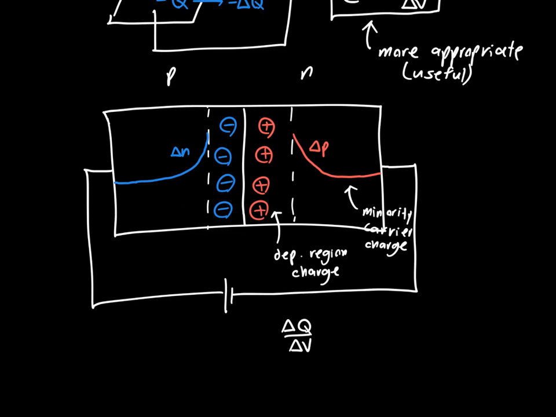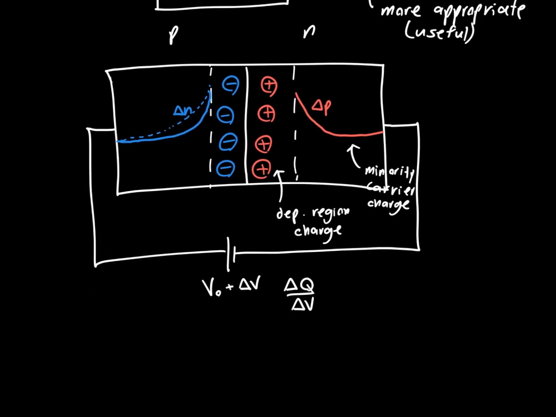Or if we're interested in how this behaves as a capacitor, we want to know if we have some DC voltage V0 and we apply a change in voltage delta V, then what happens to the charge carrier distribution? Well, we calculated the charge distribution in previous videos, and we saw that delta n as a function of the diode voltage is just this constant, the equilibrium electron concentration on the p side, times e to the V_D over phi_T minus 1.